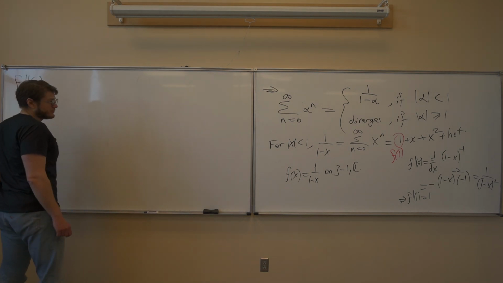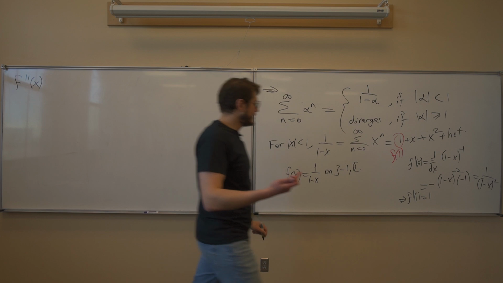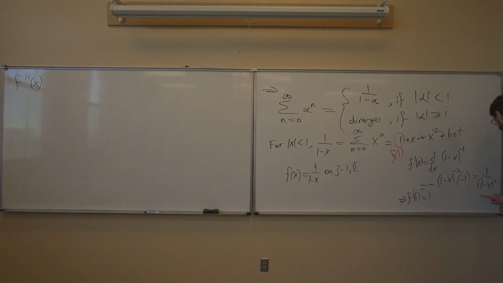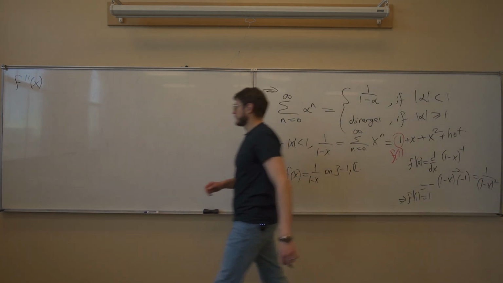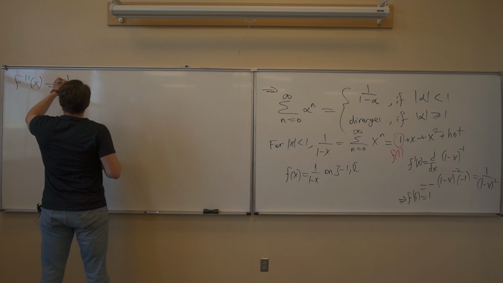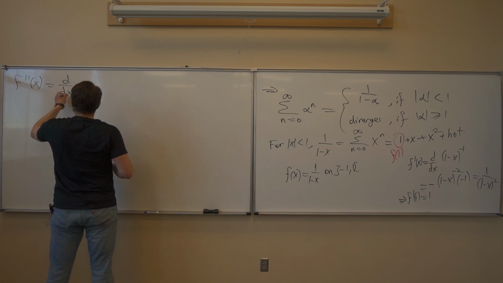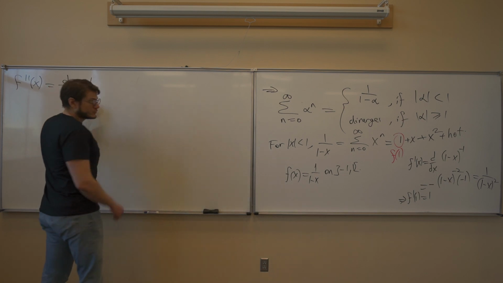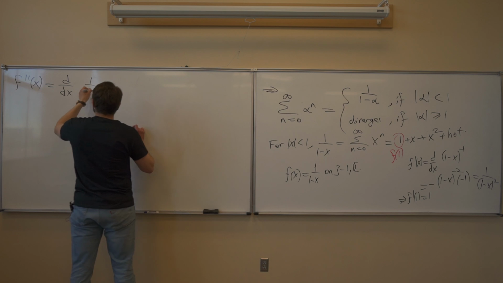So what is f double prime? F double prime is f prime of, or the first prime of this guy. What was it? 1 minus x squared.